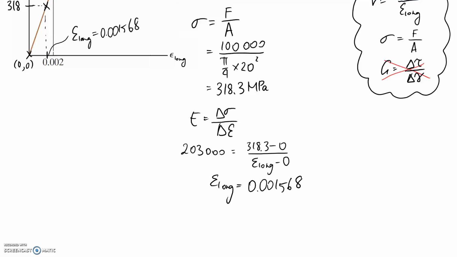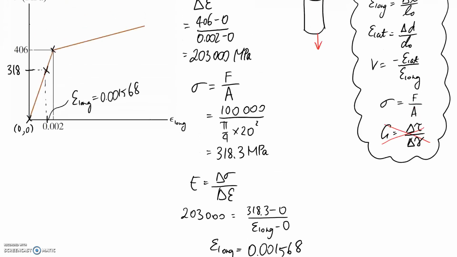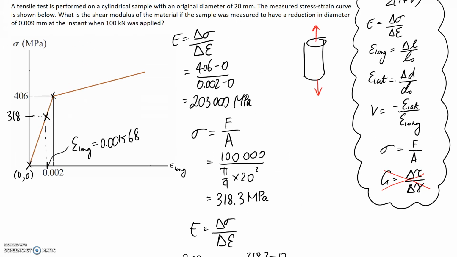So now what we need to do is work out our lateral strain, because then we're going to be able to calculate Poisson's ratio. So the lateral strain is also included in this equation here, where it's equal to the change in the diameter divided by the initial diameter, and we know that we have 0.009 change.